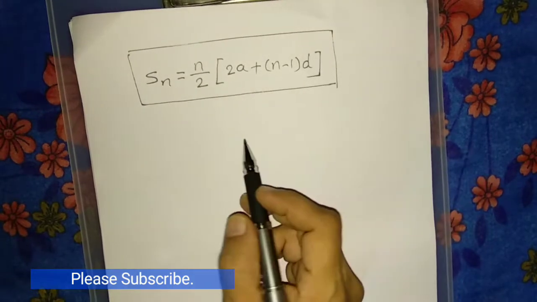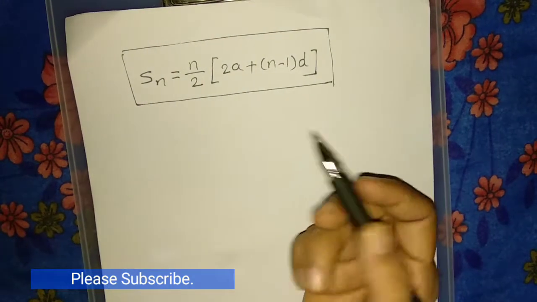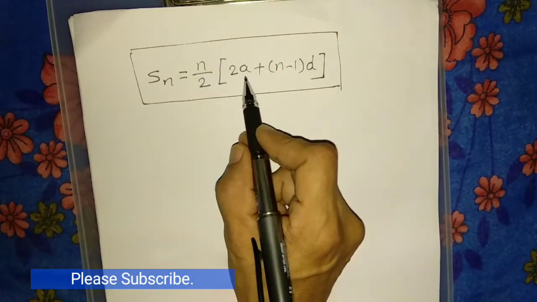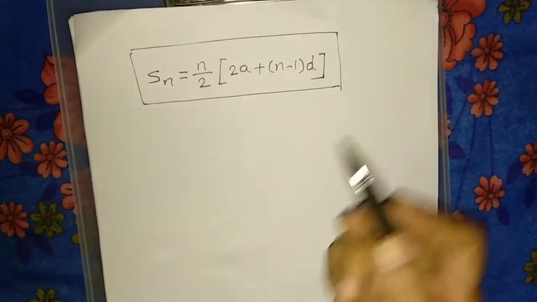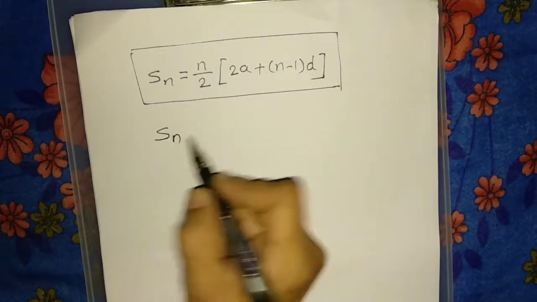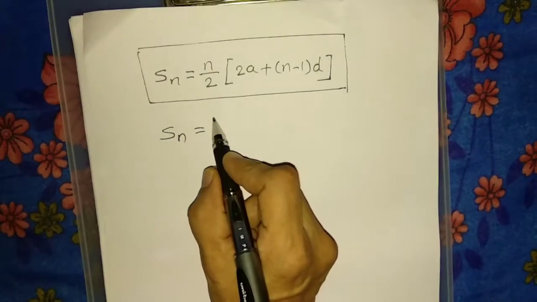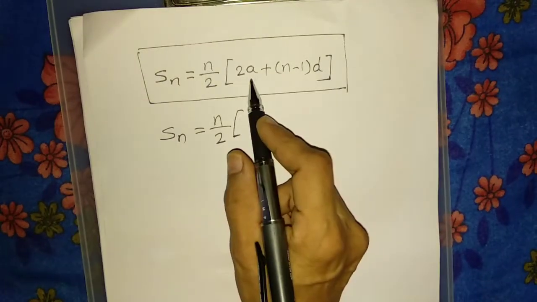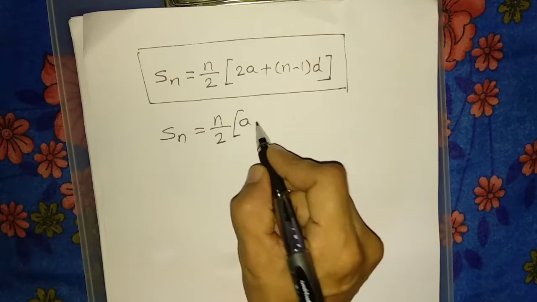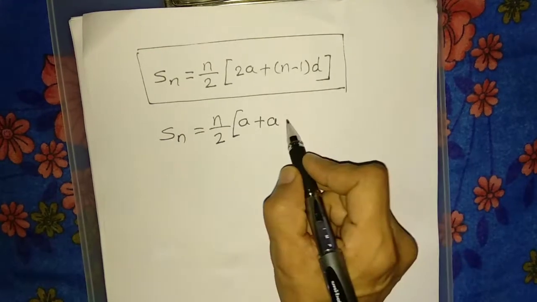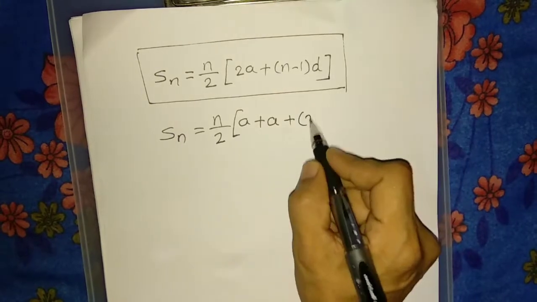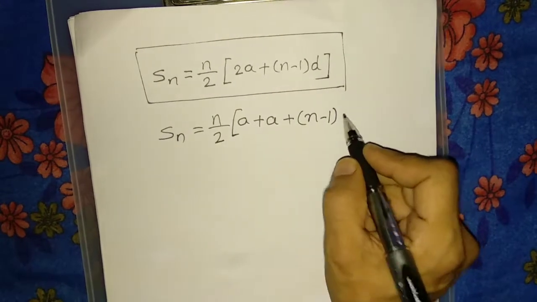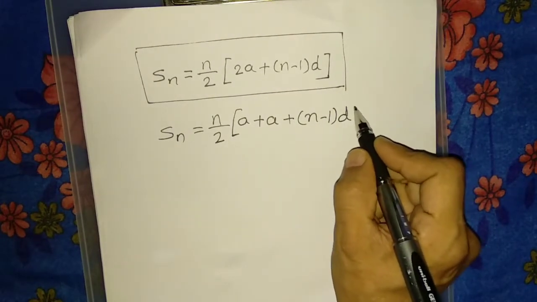We will get one more formula from this by writing 2a as a plus a. So we will write Sn is equal to n by 2 into, for 2a we write, a plus a plus n minus 1 into d.